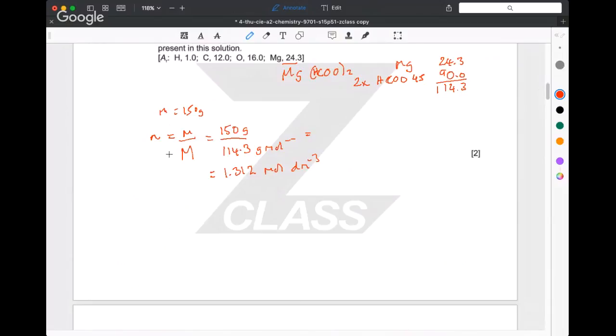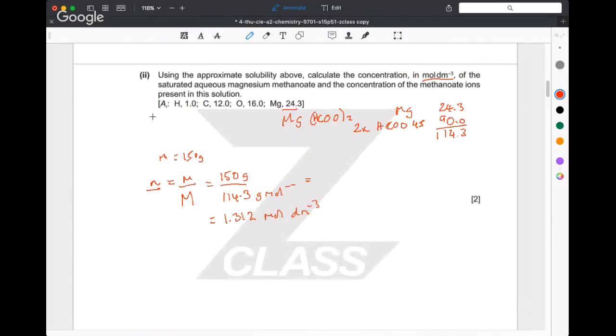Okay, that one gave us the number of moles, the amount in 1 decimeter cubed. And this is a little bit tricky because the examiner is asking for the concentration of magnesium methanoate that we got there, and then the concentration of the methanoate ions. You just have to spot that when you have magnesium methanoate and you dissolve it in water, you get 1 magnesium ion, but can you see that 2 down there? You're going to get 2 methanoate ions.